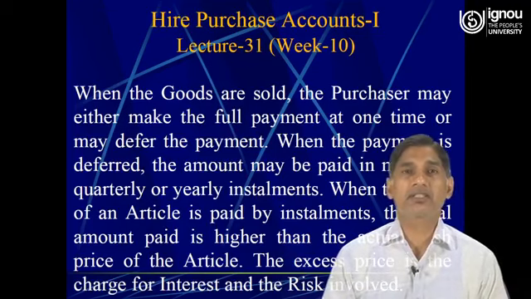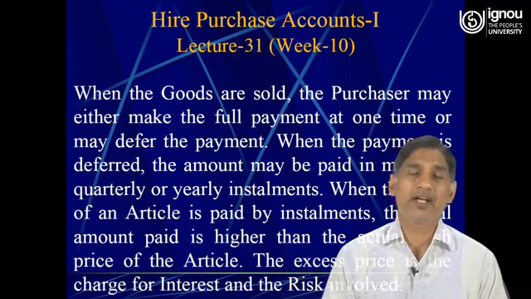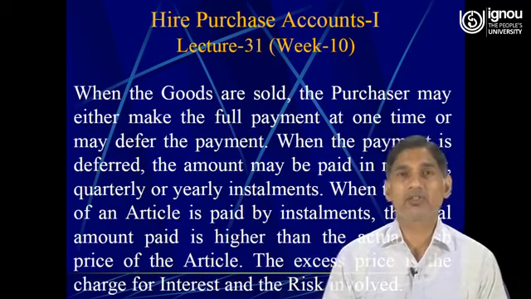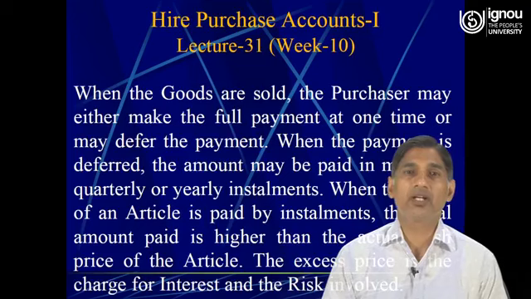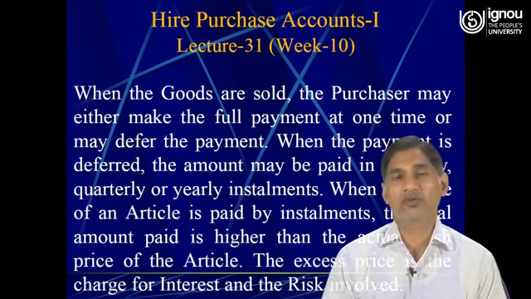When the payment is deferred, the amount may be paid in installments, and the installments may be monthly, quarterly, half yearly or annual. The total amount paid is higher than the actual cash price of the article. The excess price is the charge for interest and the risk involved.